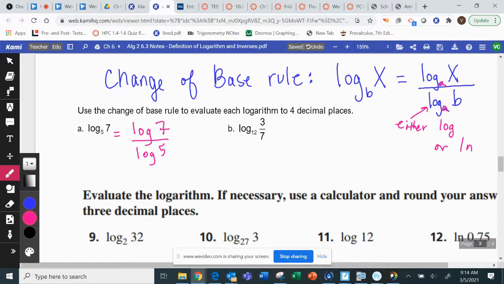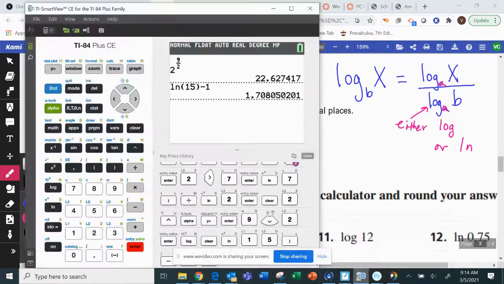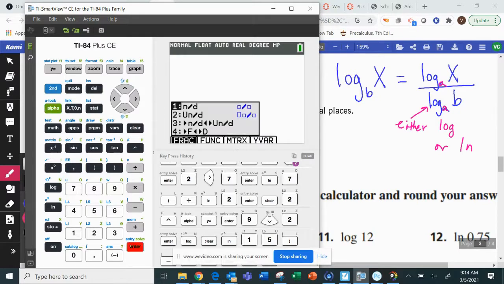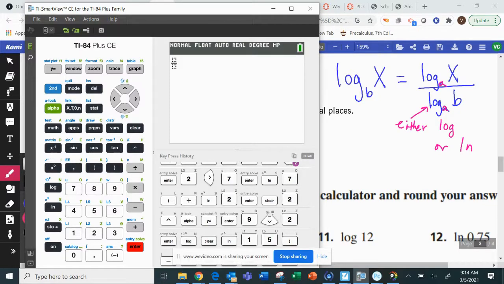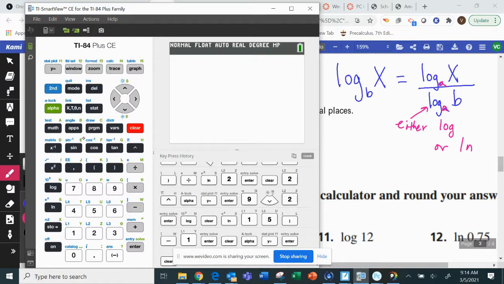Now on your calculator, type that in. Log 7 divided by log 5, enter. If you have the new calculators and you choose to do alpha y equals, you can have the fraction button. It's not necessary. You can also just do log 7 parenthesis divided by log 5.